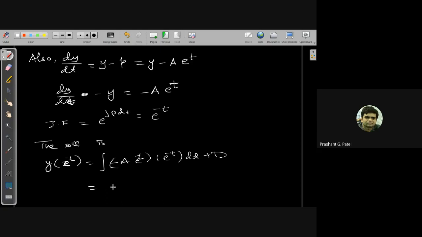So this will give me minus a into t plus d, because e power t into e power minus t will become 1 and the integration of 1 is t. So e power minus t is there. So the value of y finally you will have is minus a t into e power t plus d e power t.